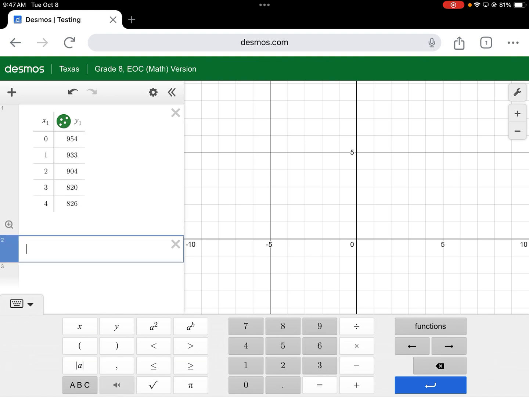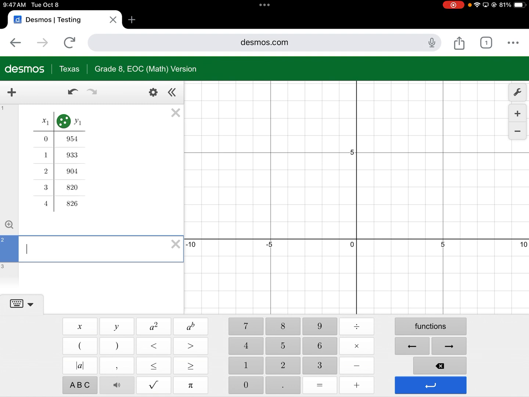Okay, now we're going to put in that linear regression equation. One thing I need you to check though is on your table that you just created, make sure that this says X1, check yours, and Y1. If it doesn't, you can actually change them.